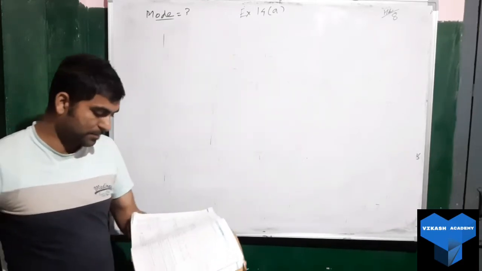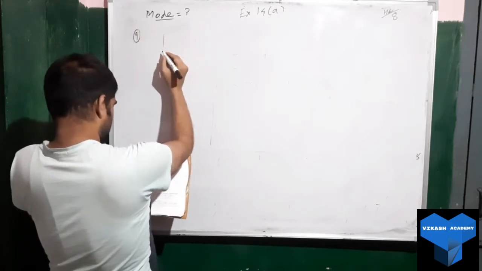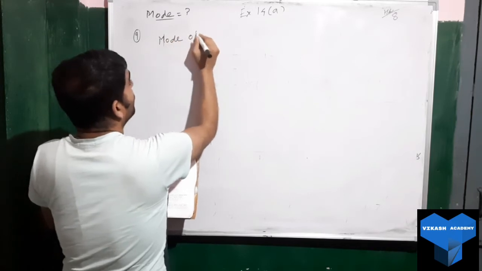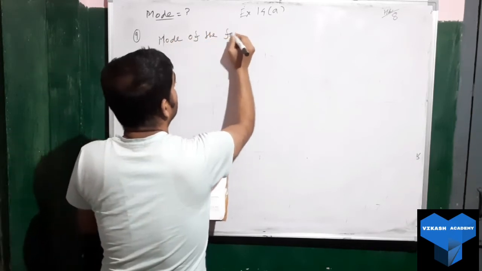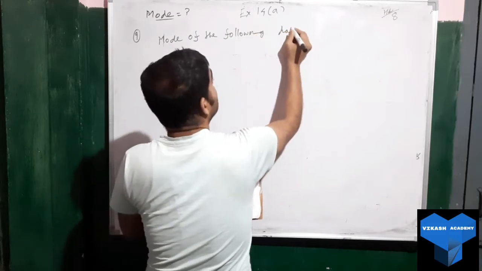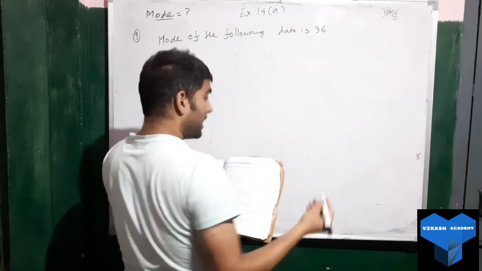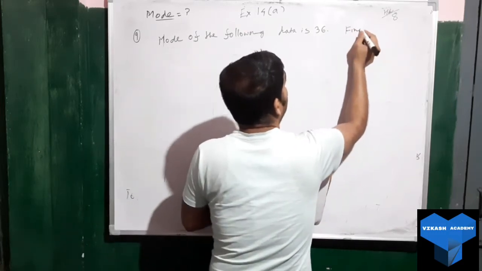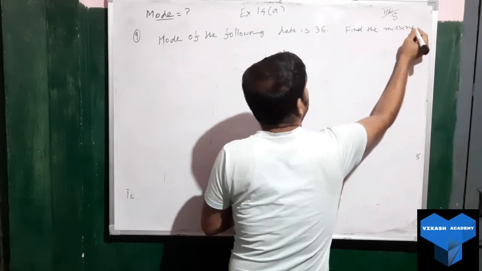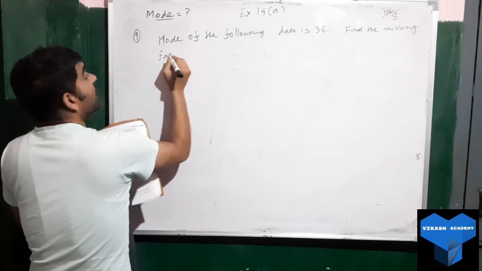So question number 9. The mode of the following data is 36. Find the missing frequency in it.